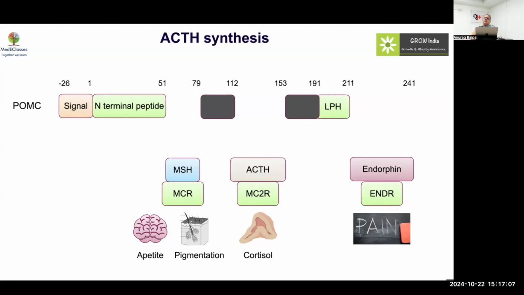The other way to look at it, if somebody is, let's say, sleeping late at night, what happens with the cortisol rhythm? Normally cortisol should be lowest at midnight and highest in the morning. But if you are awake at that time, your light is on, in that scenario your cortisol is high.